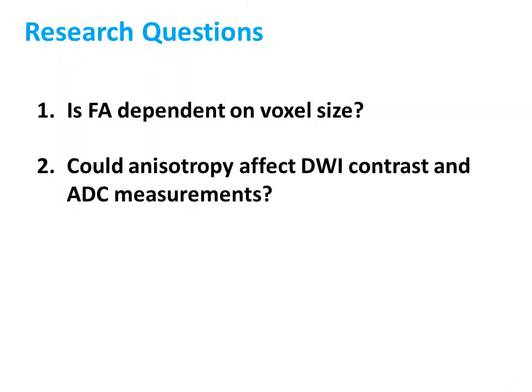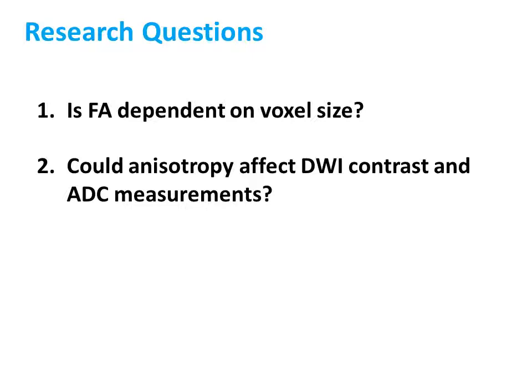So the questions we wanted to look at in this paper, where we studied 7 whole prostates ex vivo: does the anisotropy depend on voxel size because of this microscopic heterogeneity of the fiber orientation? And could the anisotropy, if it's significant, affect DWI contrast and ADC measurements?